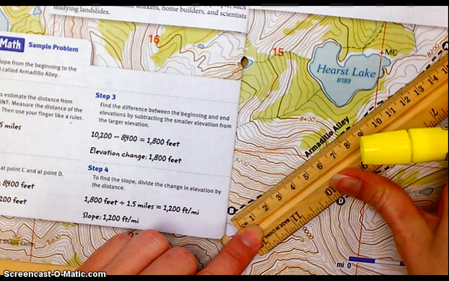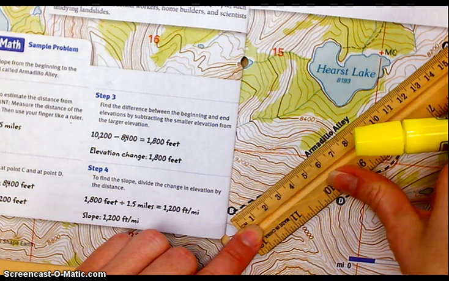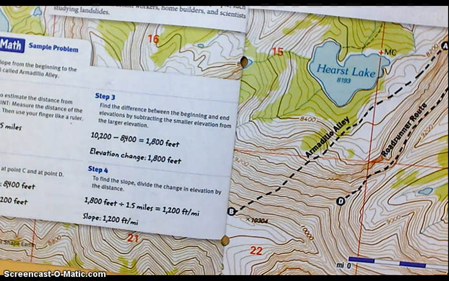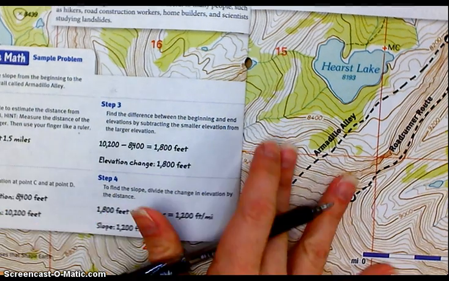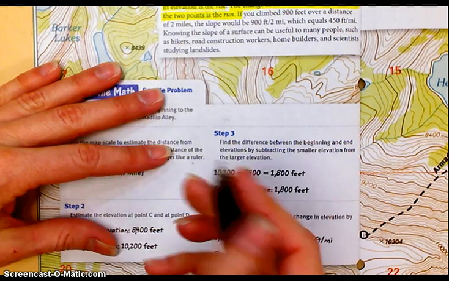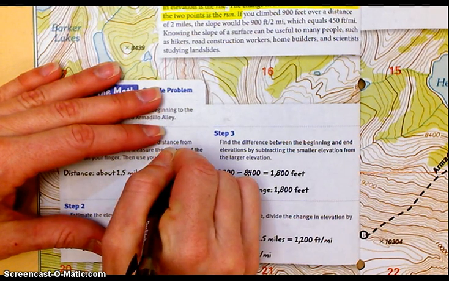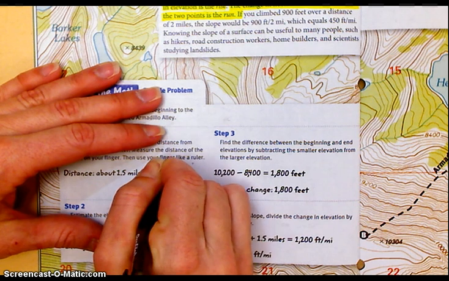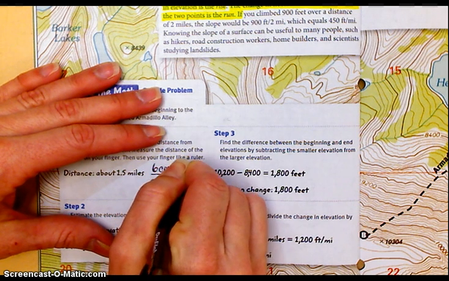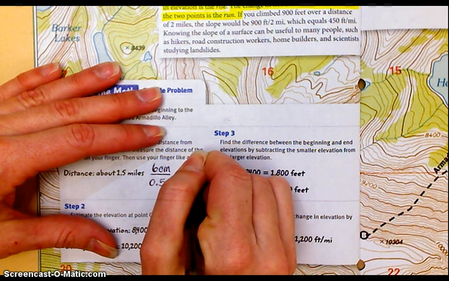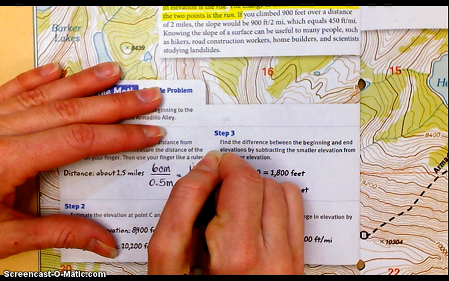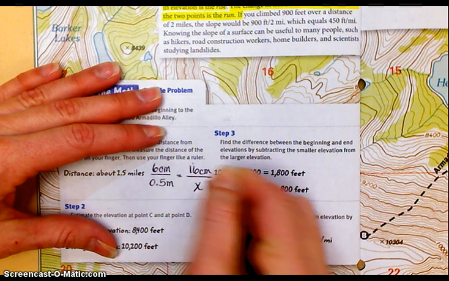And I've got about 16 centimeters. So 6 centimeters is 0.5 miles. And if I have 16 centimeters, how many miles is that?